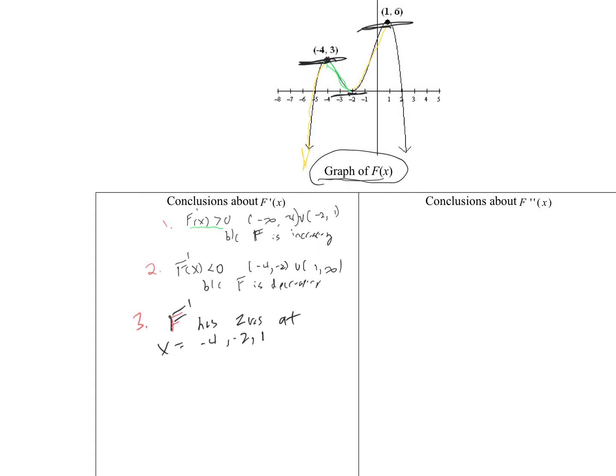So the derivative has zeros at those places because they are relative extrema of f. We already did the greater than 0, less than 0.